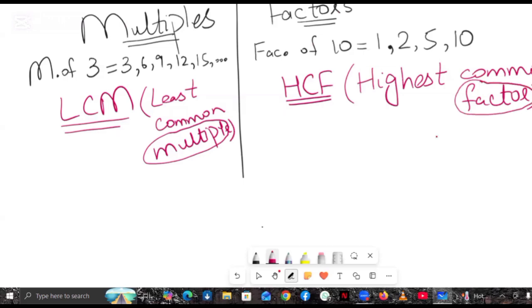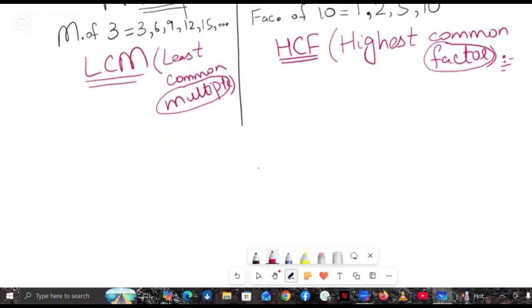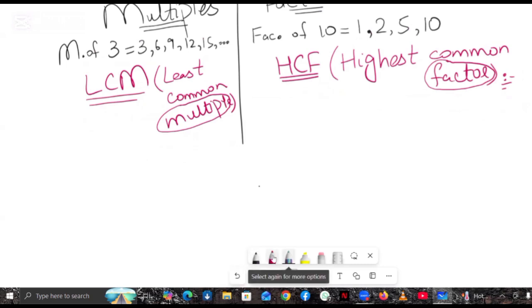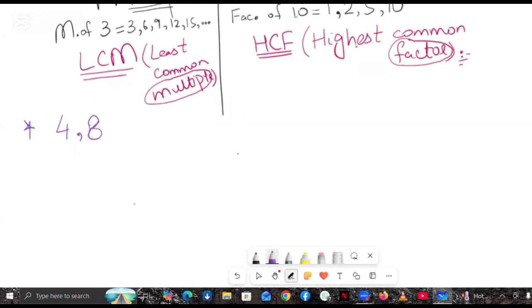Is it clear? LCM and HCF are possible when we have 2 or more than 2 numbers. Minimum we have 2 numbers. For example, if we have 2 numbers, 4 and 8, you have to find the LCM of 4 and 8. I told you that in LCM we are talking about multiples.